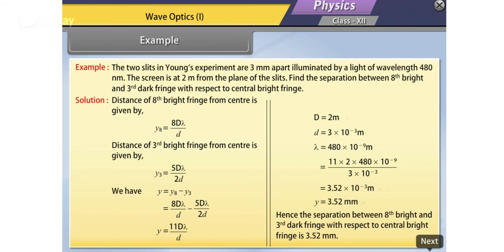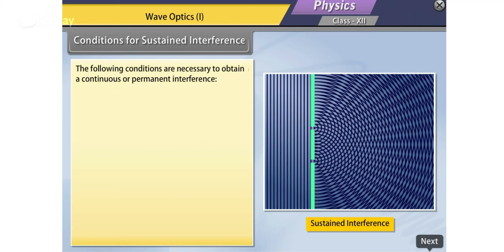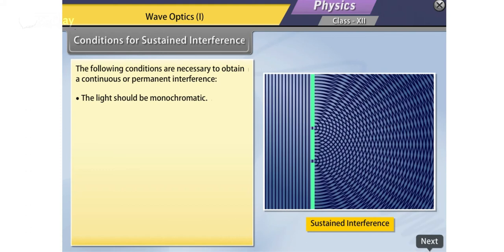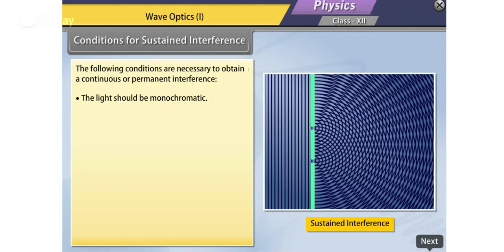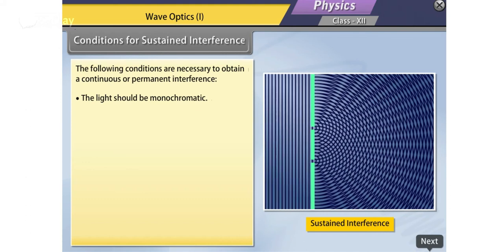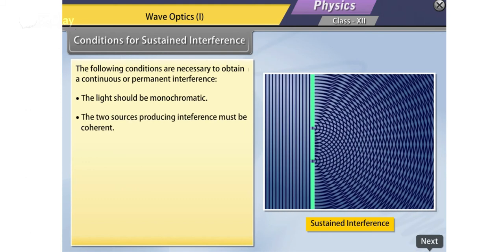Conditions for sustained interference. The following conditions are necessary to obtain a continuous or permanent interference. The light should be monochromatic. If this is not so, the fringes of different colors will overlap. The two sources producing interference must be coherent.